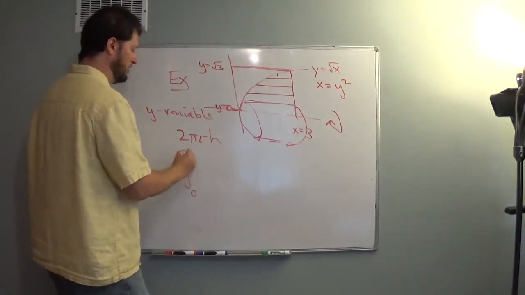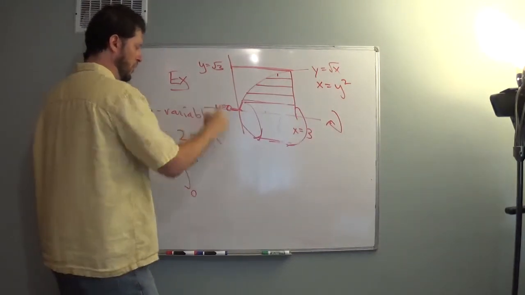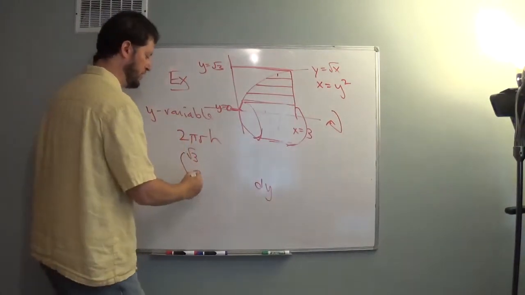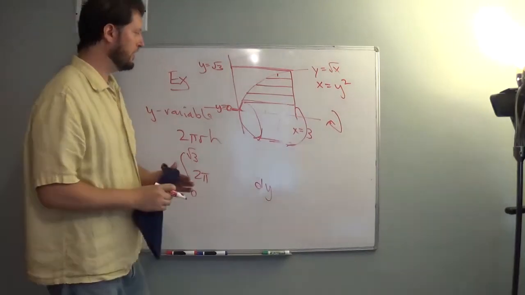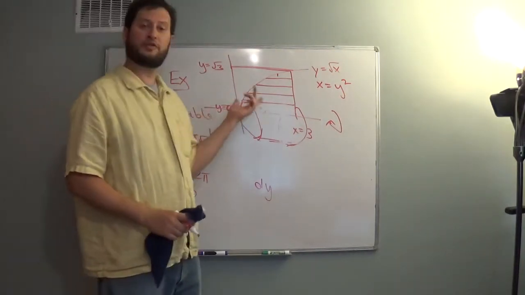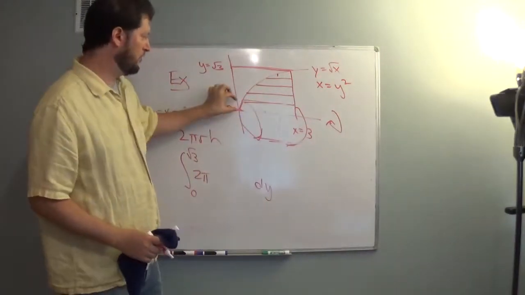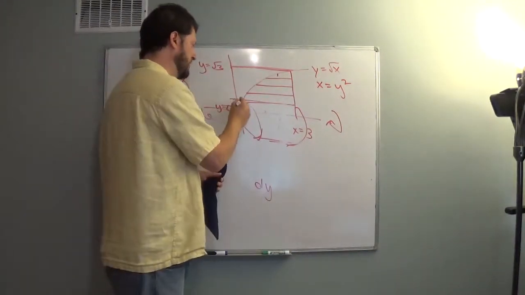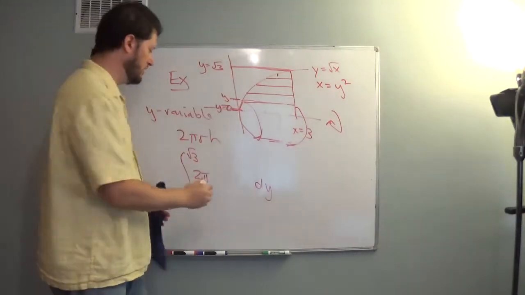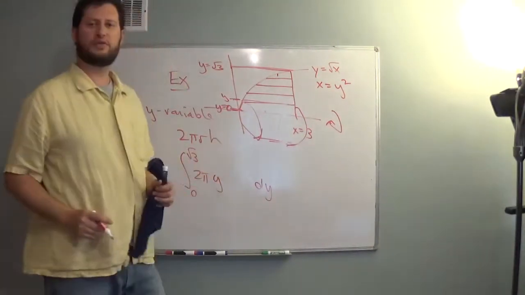Integral from 0 to square root of 3, using y as the variable, so dy, 2 pi RH, 2 pi, radius. What's the radius? The radius in these cases is going to be whatever our variable is, because if I move up, this corresponds to some unknown value of y, which is the radius of the cylinder. So 2 pi y for the radius.